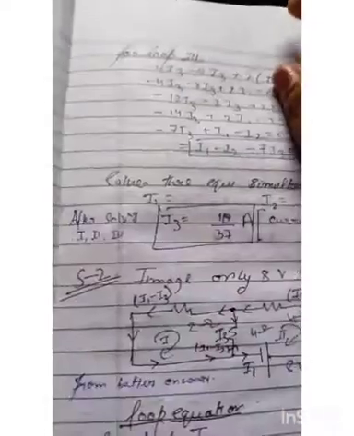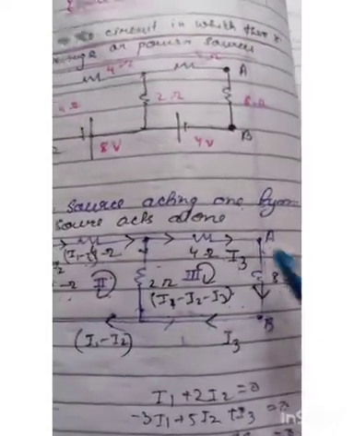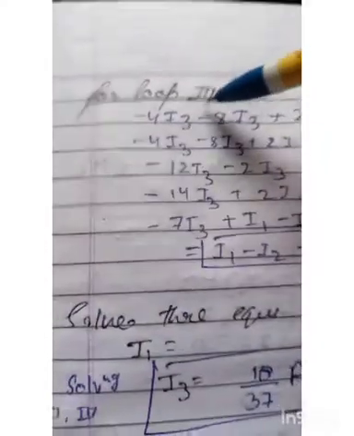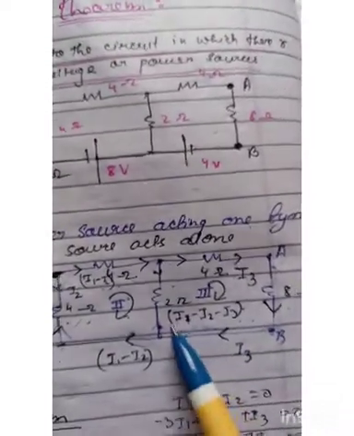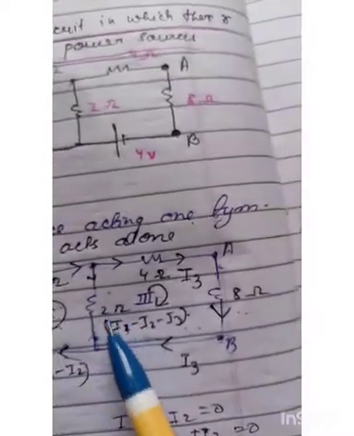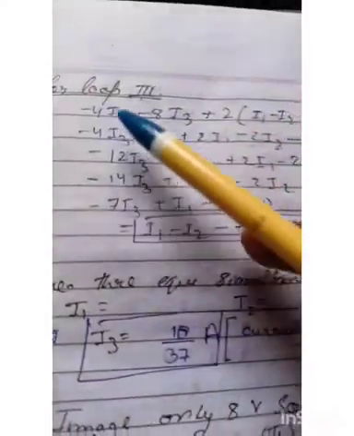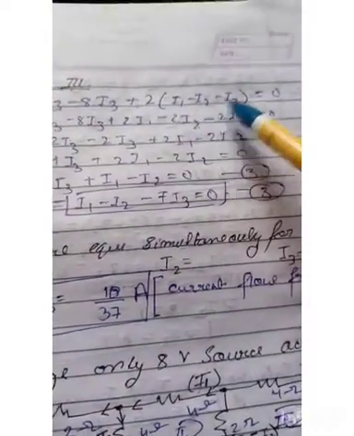Now for loop 3, we will see the equation. Here the 4 ohm resistor and I3 current are both in the same direction. We use the negative sign, negative 4I3. Then minus 8I3, then current and resistor are in opposite direction, then we use plus 2 of I1 minus I2 minus I3. We write it minus 4I3 minus 8I3 plus 2 of I1 minus I2 minus I3. We equate it to 0.